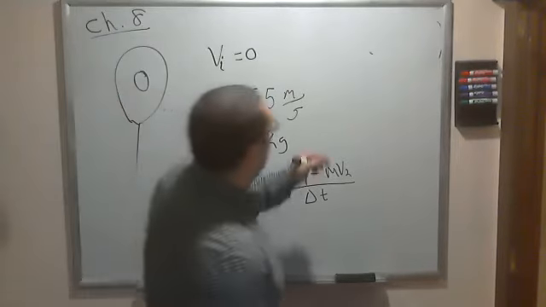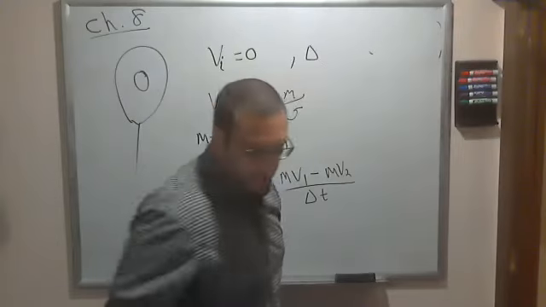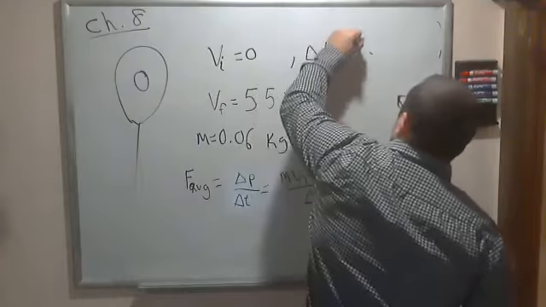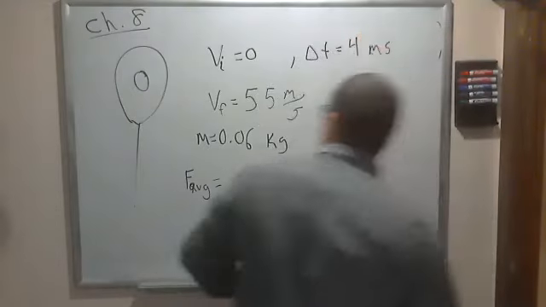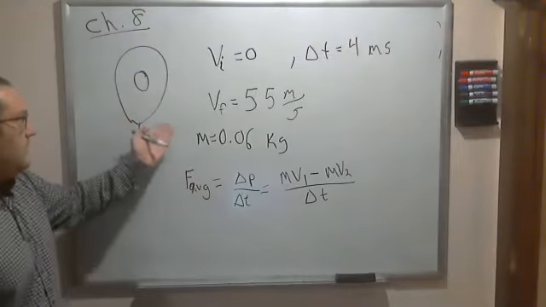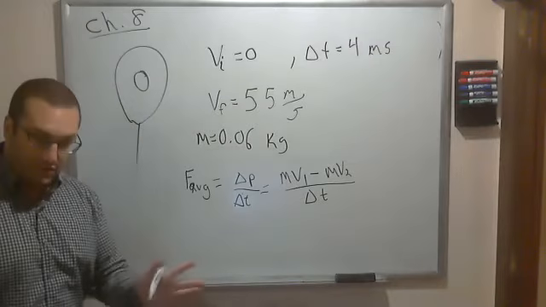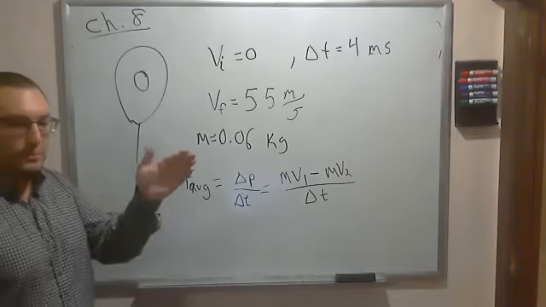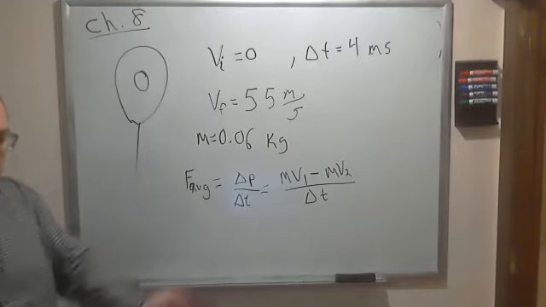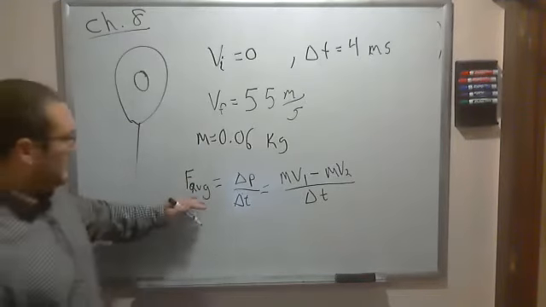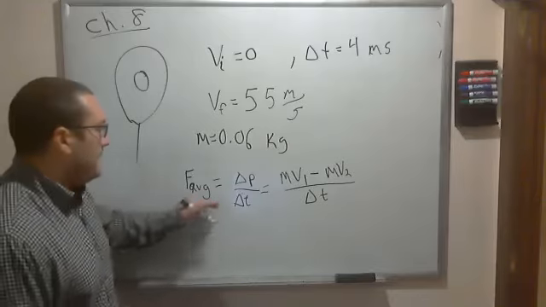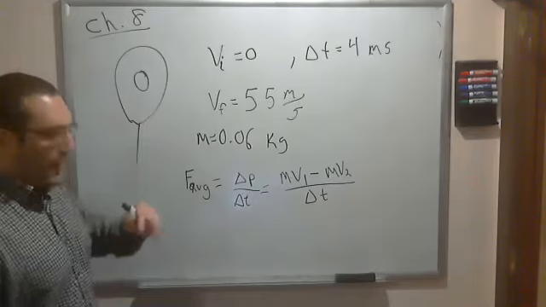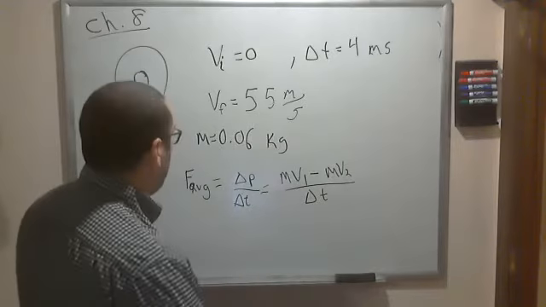This is usually a couple of milliseconds, and they give us this quantity as 4 milliseconds. That's how long it's in contact. So what's the average force during those 4 milliseconds? It changes because the tennis racket is elastic. Depending on how much the deformation is, the force will change. But we'll just take the average force since we only care about the total change in momentum before and after the racket hits the ball.